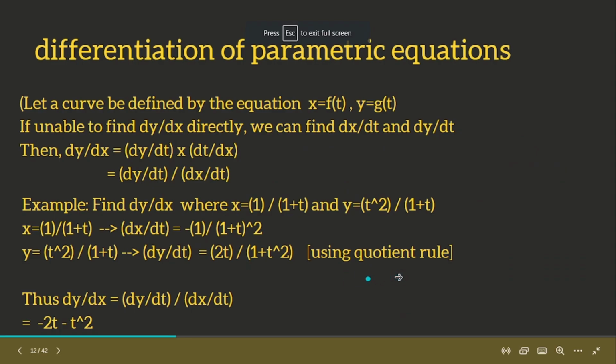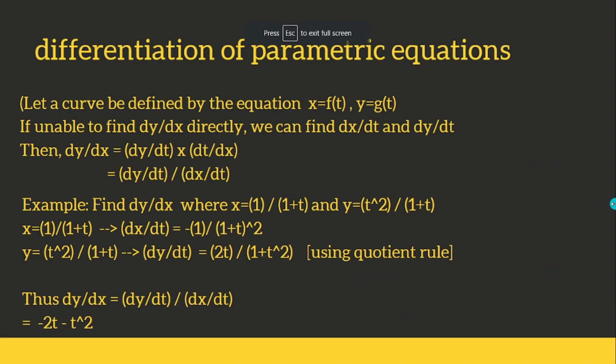Okay. So for example, if we want to find dy/dx where x equal 1 over 1 plus t and y equal t squared over 1 plus t, we will look at x and then we differentiate with respect to t. So in this case, we bring down the power, which is 1 times (1 plus t) power negative 1. We can bring down the minus 1.